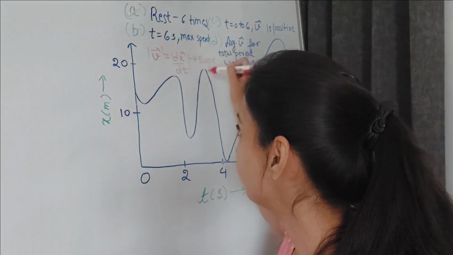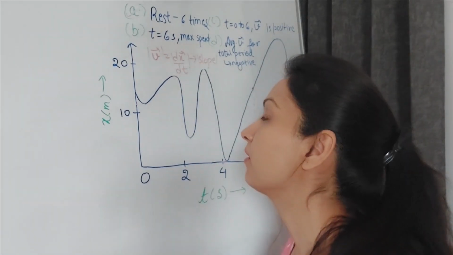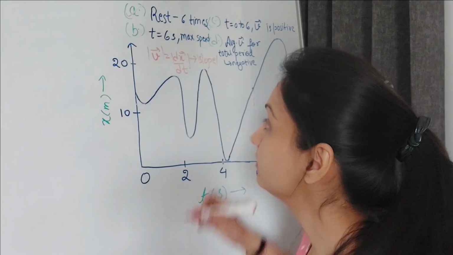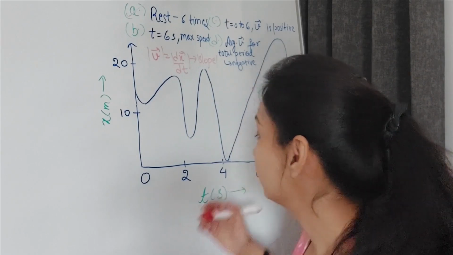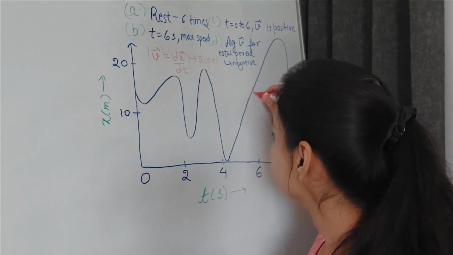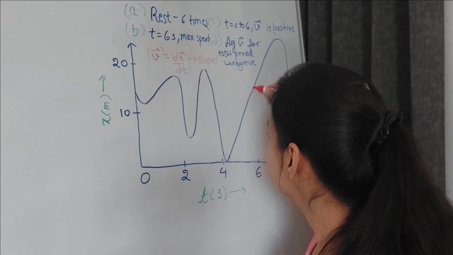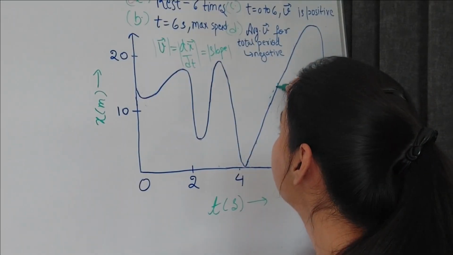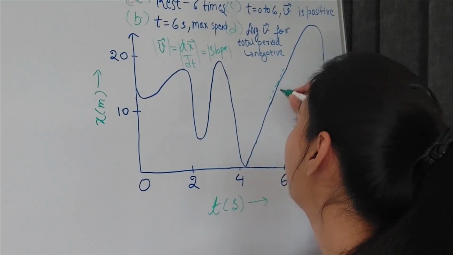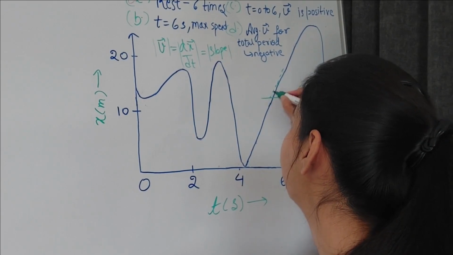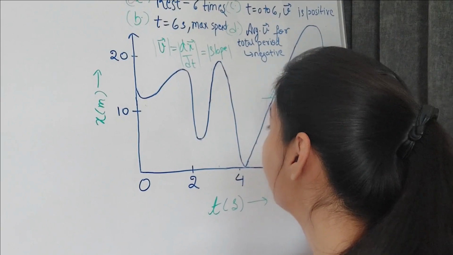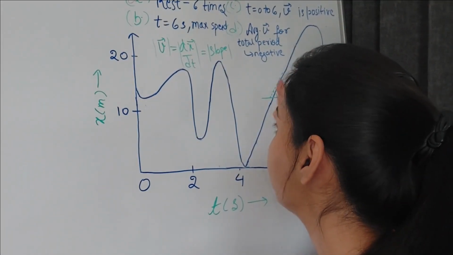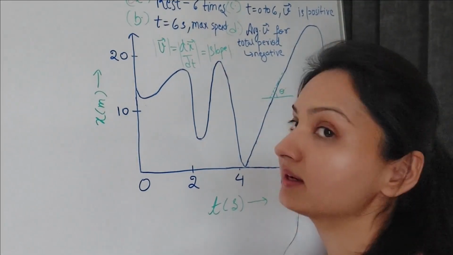So we have to check the magnitude of the slope, and wherever the slope is maximum, the speed should be maximum. So at t equal to 6 seconds, you will be drawing a tangent at this point, and I will be calculating tan theta.